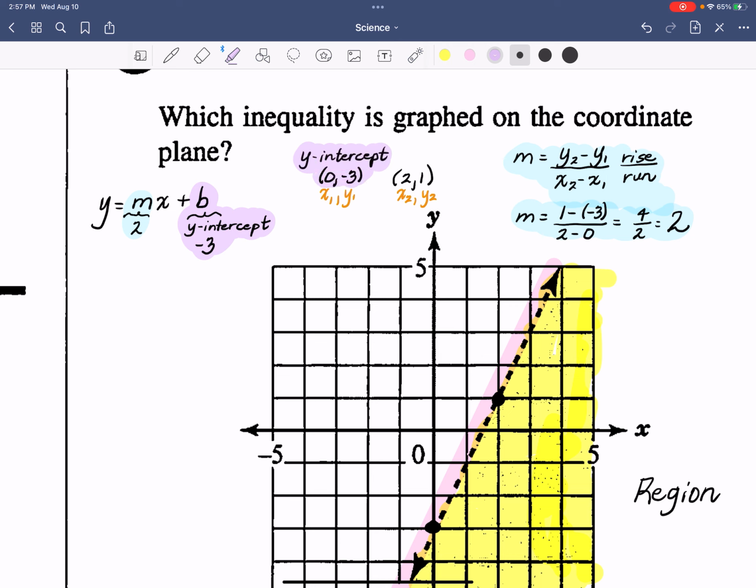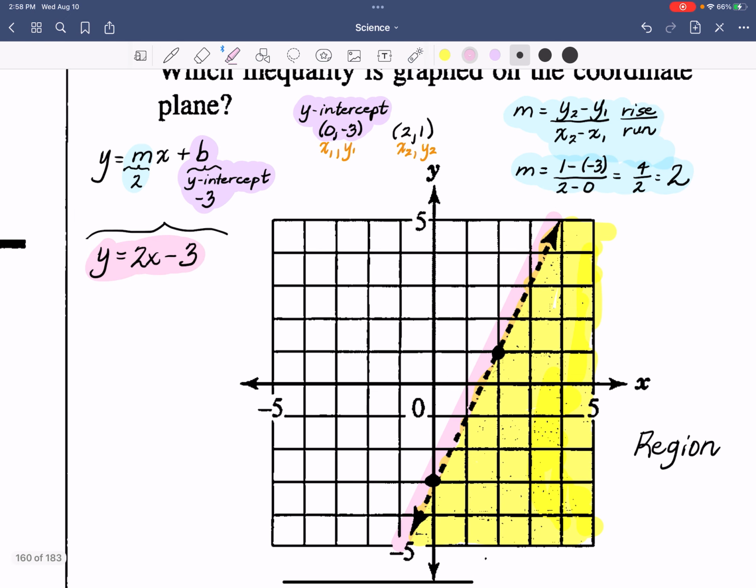Okay. So we still don't have an equation, but we almost do, because we just need to come right here and write it out. So y equals 2x minus 3. That is the pink line. And we're 95% done. Once you get that equation, you've got it.